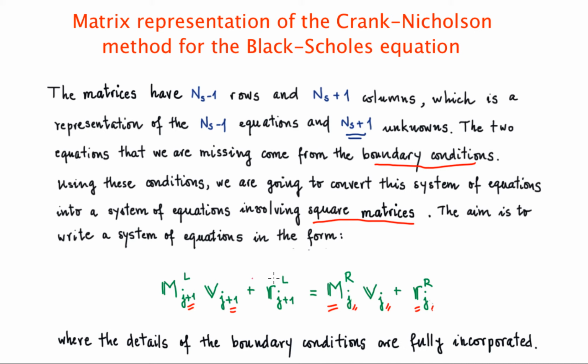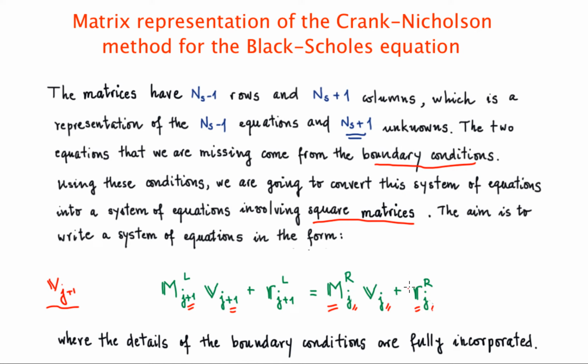After having that, it's very easy. Once we have these square matrices, it's very easy to clear and get an expression for v evaluated at time j plus 1, as a function of known column vectors and matrices, and also the values of the v vector evaluated at the previous time step, at time step j.